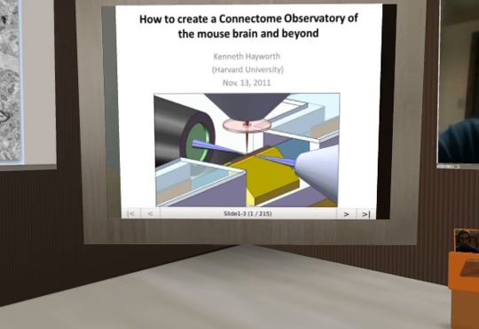in terms of mapping brain tissue, as opposed to bringing somebody back, like the type of Connectome Observatory work that I just talked about, chemical preservation is really the way to go with today's technology. If you're going to be using electron microscopy to do high-resolution maps of neural tissue, it is very, very difficult to get high-resolution images of cryopreserved, vitrified brain tissue.